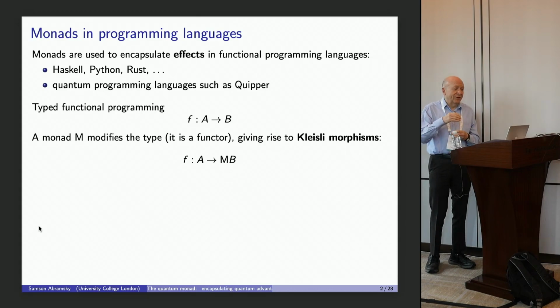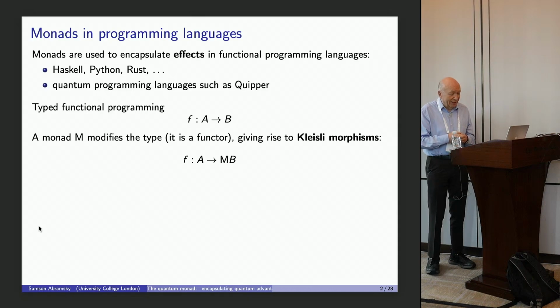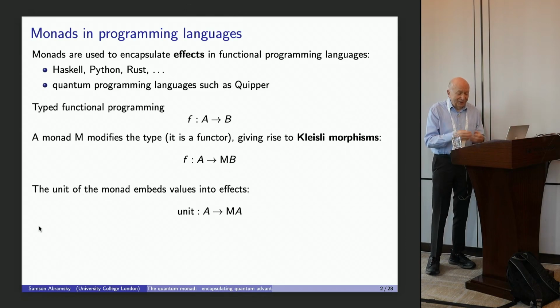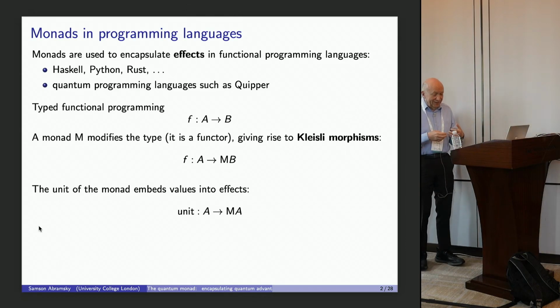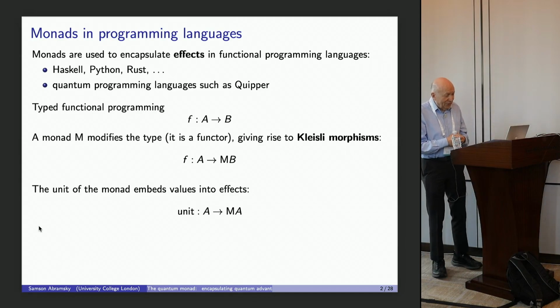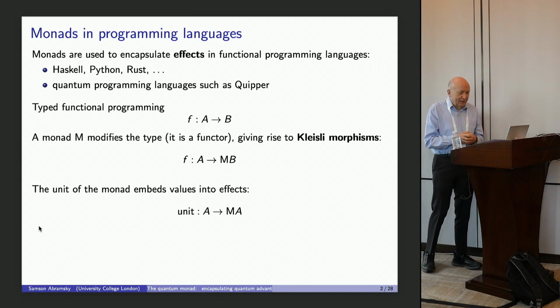So not just things that go from A to B, but from A to M of B, where M is the monad. And this extends the type B by allowing for various effects that can be added into the language. And in our case, we'll be interested in effects that involve using quantum resources.